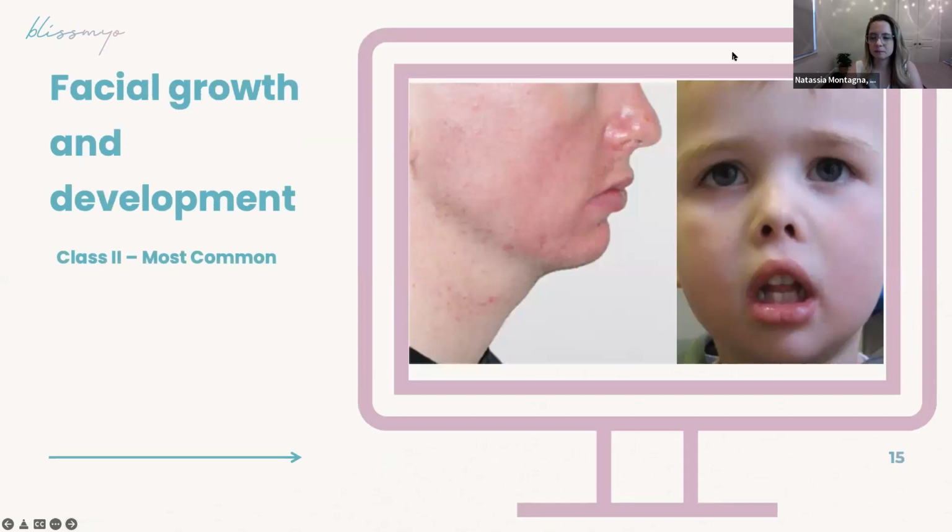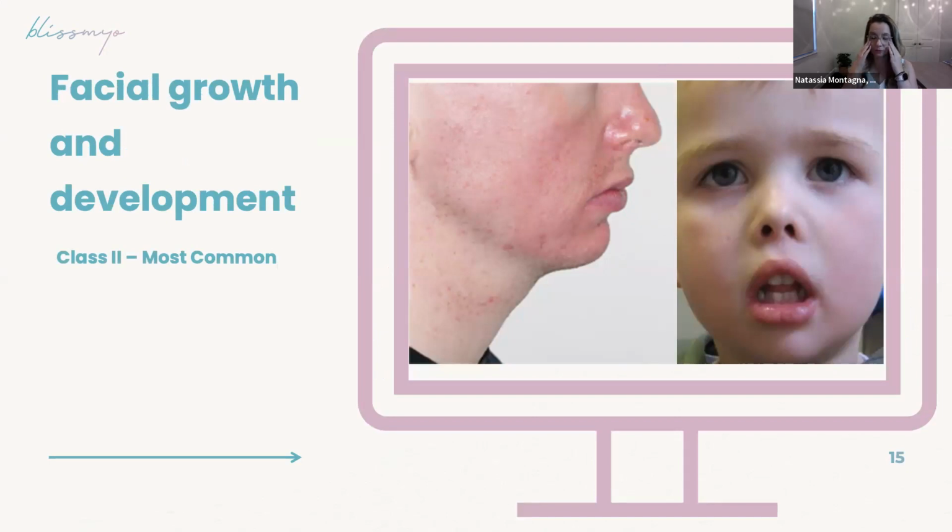Okay, this is the perfect example of a myofunctional disorder patient. This is a class 2 malocclusion, where the lower jaw is more backwards, and they have that open mouth posture. They'll have a forward facing posture. They're mouth breathers.